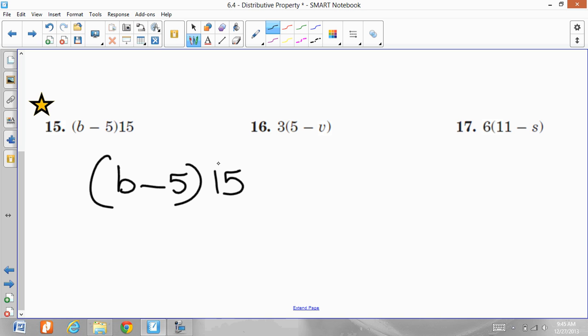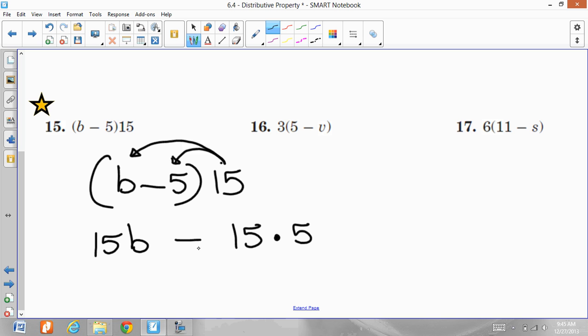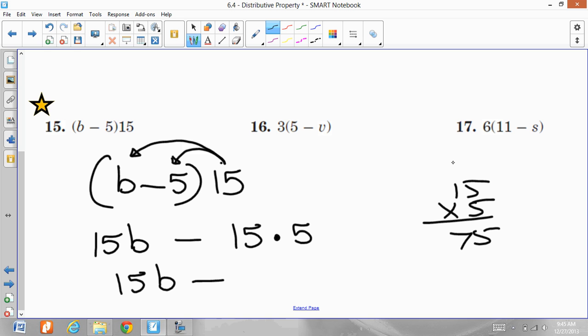So it's still the same thing. 15 on the outside multiplies b to give you 15b. And 15 on the outside multiplies 5 to give you 15 times 5. The minus on the inside comes along with your answer. So this becomes 15b minus 15 times 5, which is 75. So this would be the final answer.